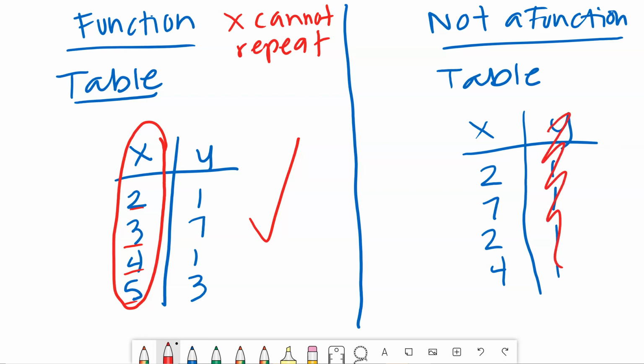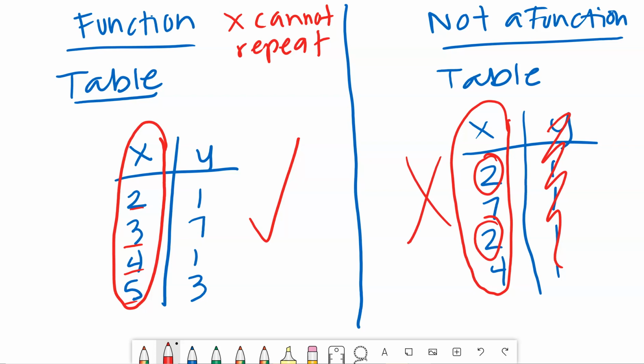The ones that matter are the x's. Are any of my x's repeating? Yes, 2 and 2 are repeating. So this one is not a function. Again, if it is a function, none of my x's are repeating. If it is not a function, you will find x's repeating.